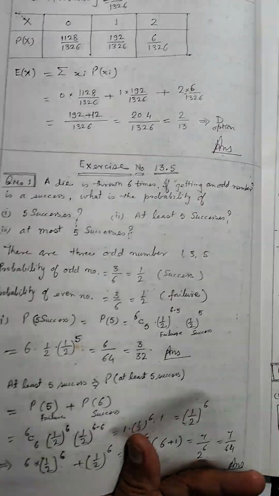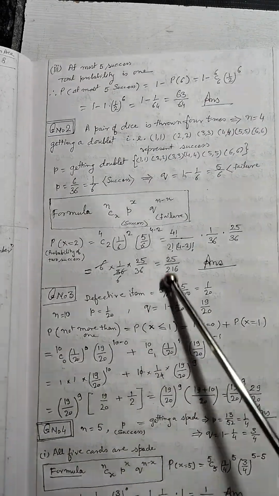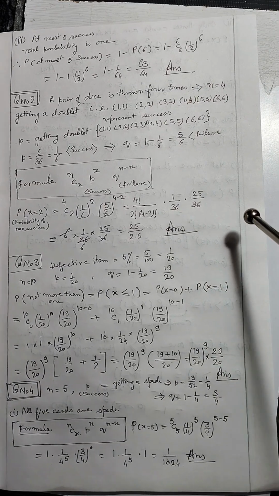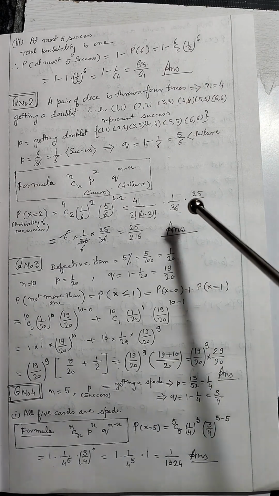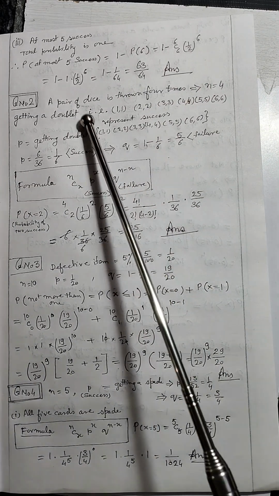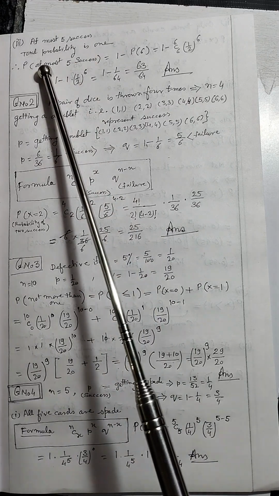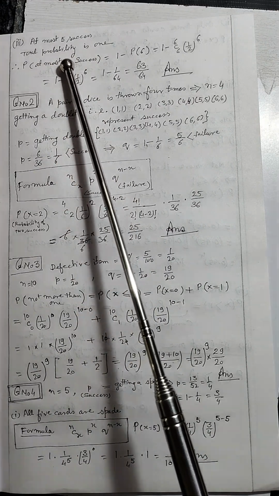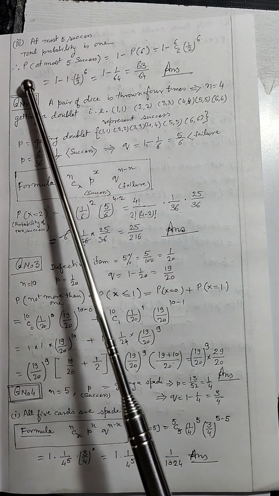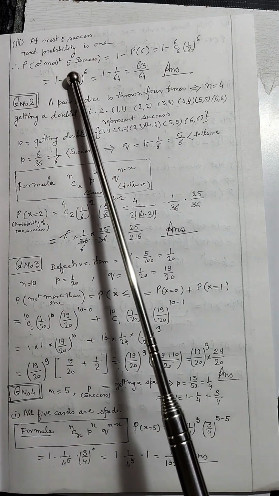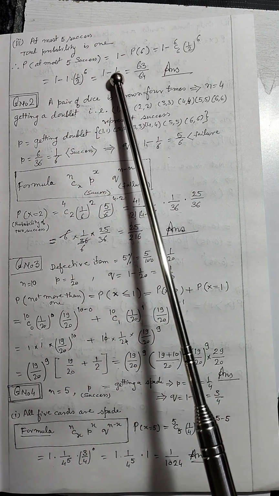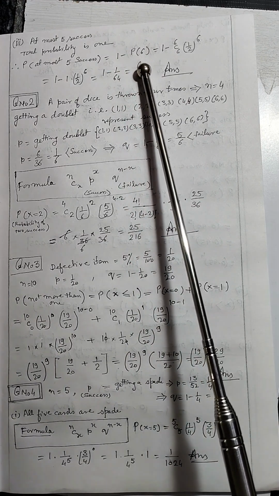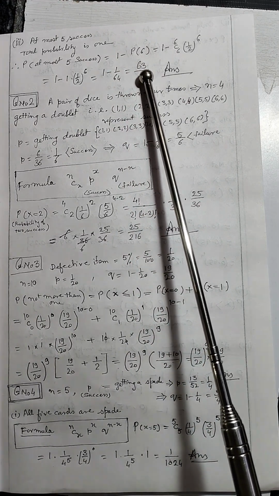Now come to the third part of it. At most 5 success. Total probability is 1. So at most 5 success, that can be worked out as 1 minus P6.